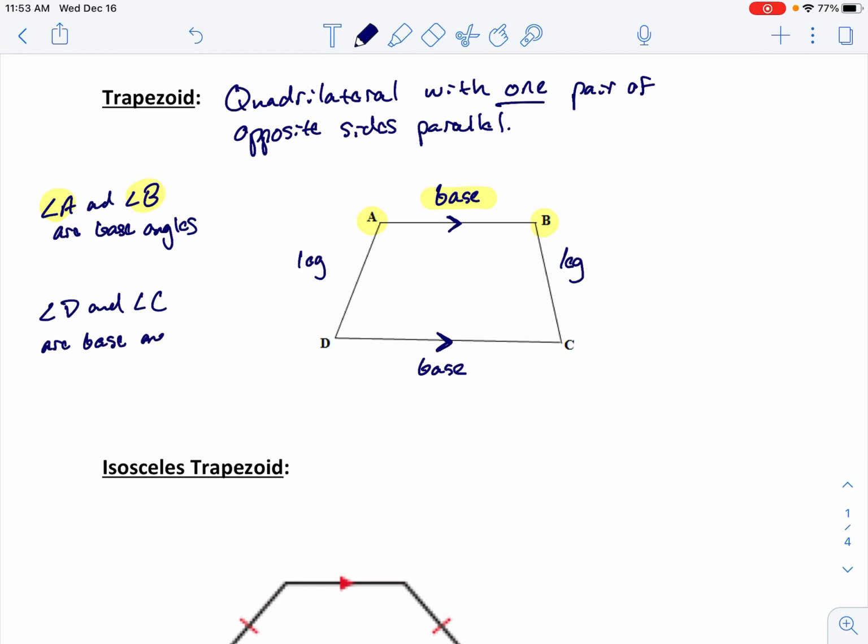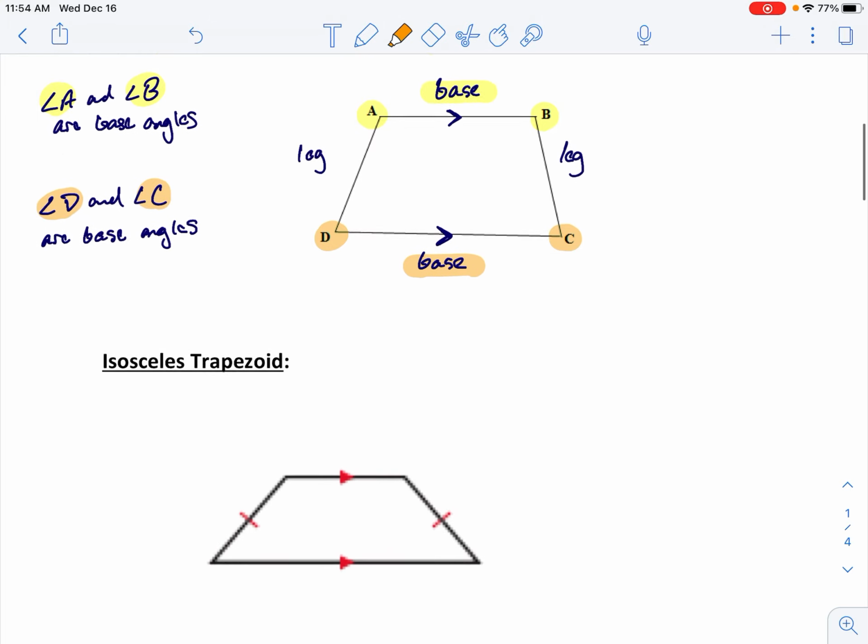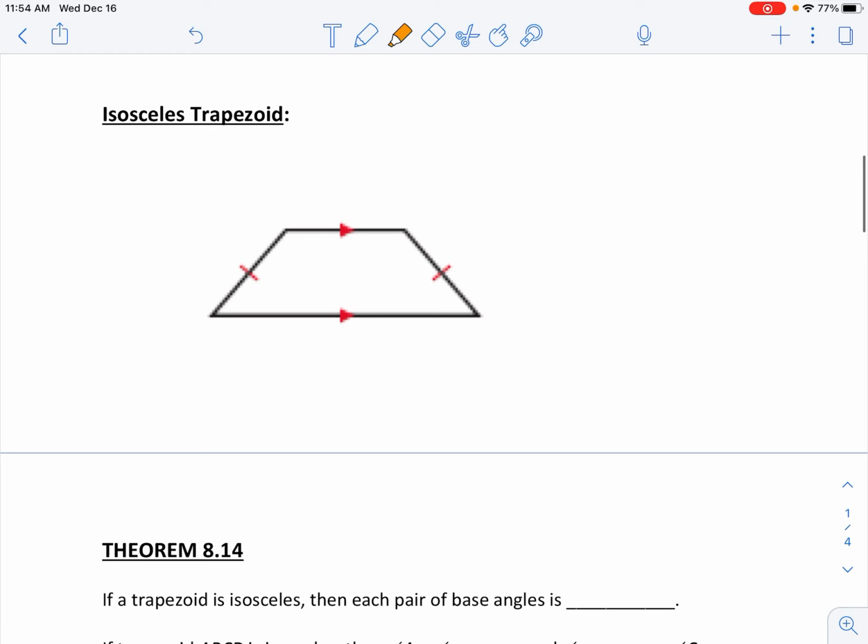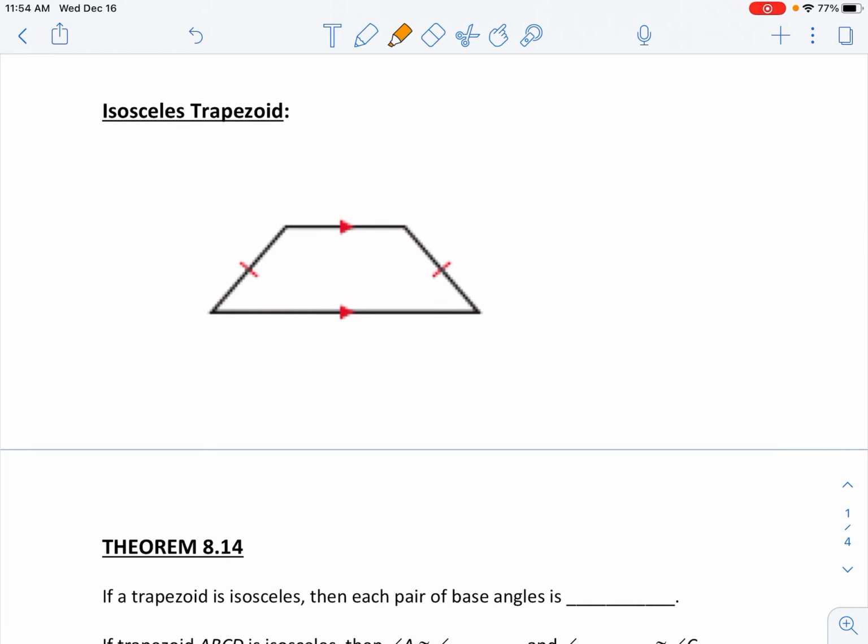When you think of this, all four angles in a trapezoid are base angles, but it depends on what pair they are. So C and D are part of that bottom base, A and B are part of that top base. Base angles will become a more important topic with this next trapezoid, which is just a special trapezoid.